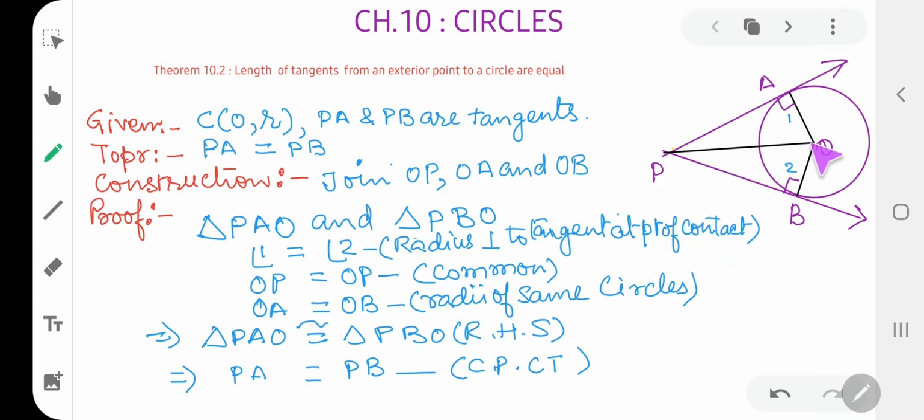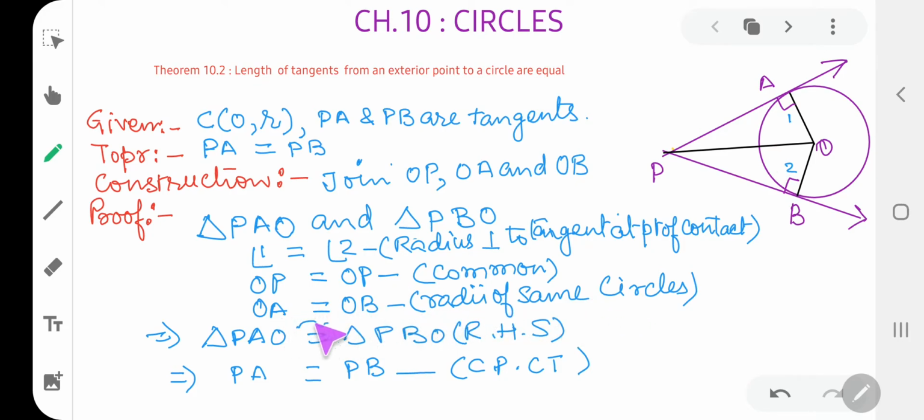Now OP is the common side between the two triangles, so OP is equal to OP. OA and OB are both radii of the same circle, so OA and OB are also equal.